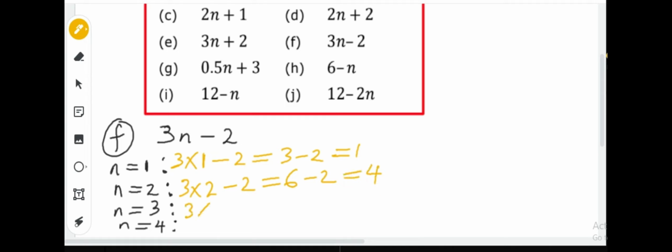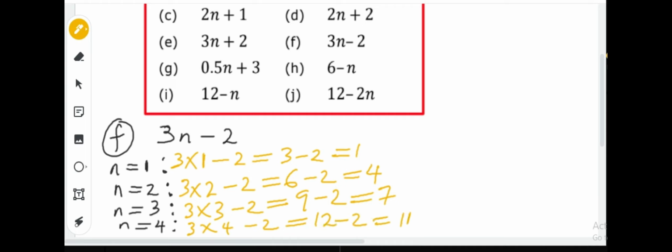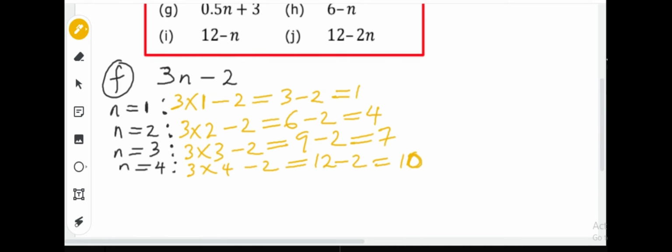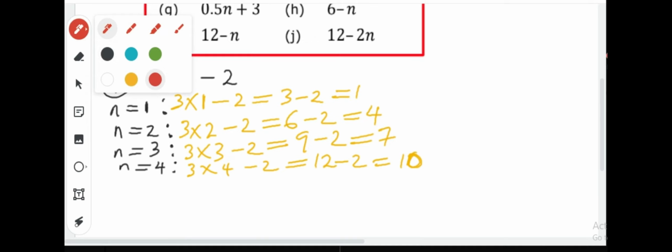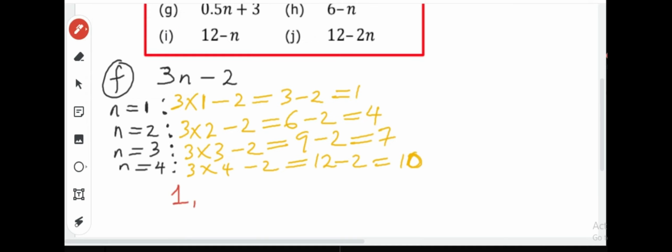This one is 3 times 3, then minus 2, which is 9 minus 2, and that's 7. This is 3 times 4, then minus 2, which is 12 minus 2, and that is 10. Okay, so the first 4 terms are 1, 4, 7, and 10, and so on.